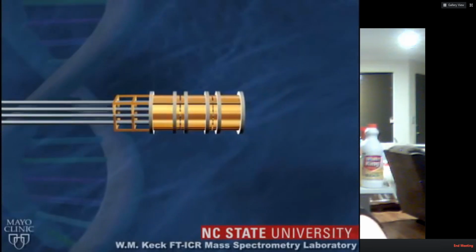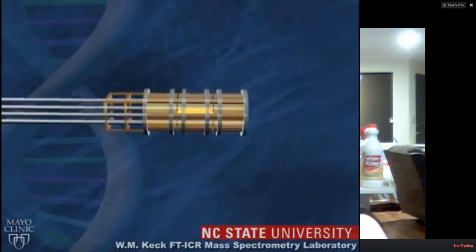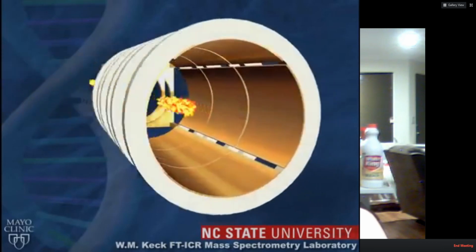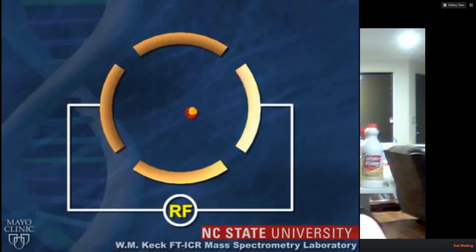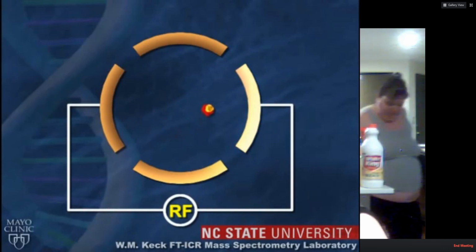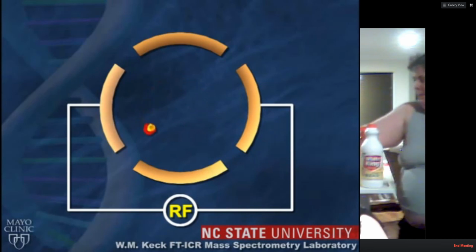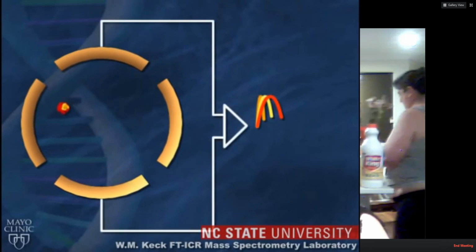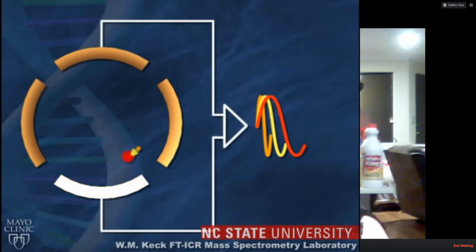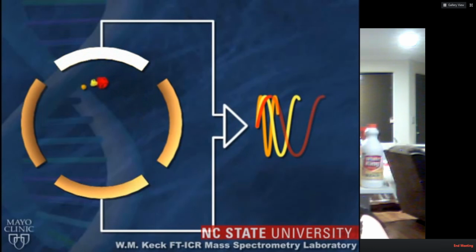When a radio frequency pulse sweep is applied to the transmitter electrodes, it will produce a cyclotron frequency signal. It is the most sensitive analyzer method in use today, with an accuracy better than 1 part per million. Using these calculations, the signal can be converted into a mass spectrum. So that's how it works.